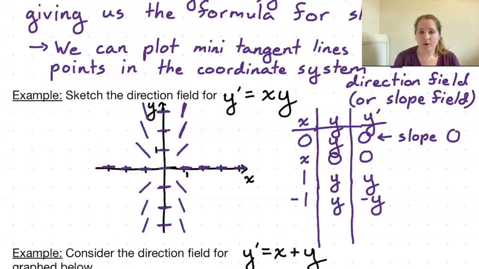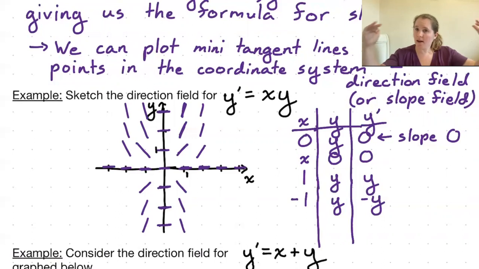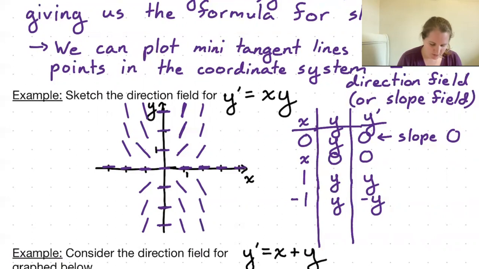And we could do this going through point by point by point. So for x equals 2, we'd have slope 2, and then 4, and 6, right? And then there'd be negative on the side. And so you can see as we work our way out and up, the tangent lines get steeper and steeper and steeper.